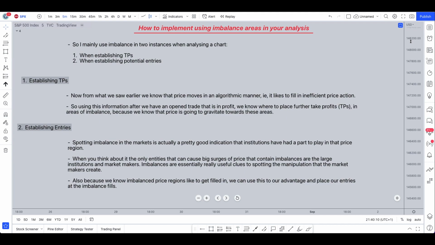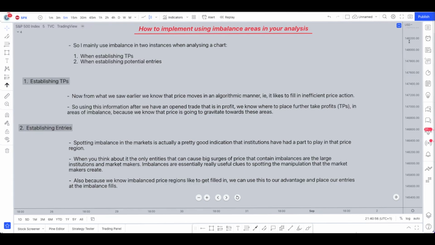As you guys know, the market movers, the market makers, or the main institutions, the big players in the market, they're the only people that can actually create these sorts of volatile moves. So spotting imbalances are really useful clues in spotting the manipulations that they create. And also, as we know, imbalances like to be filled in, we can use this information to place our entries at imbalance fills after we've spotted that correct manipulation.